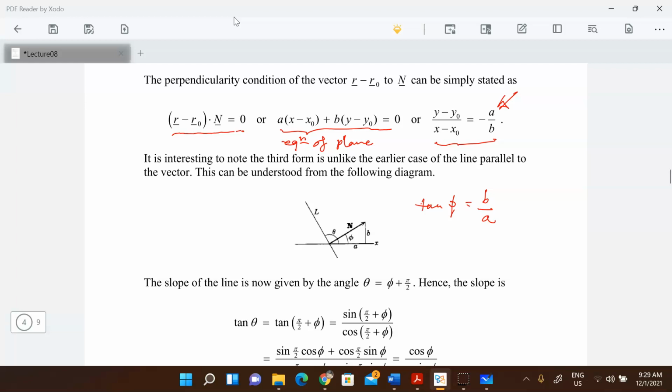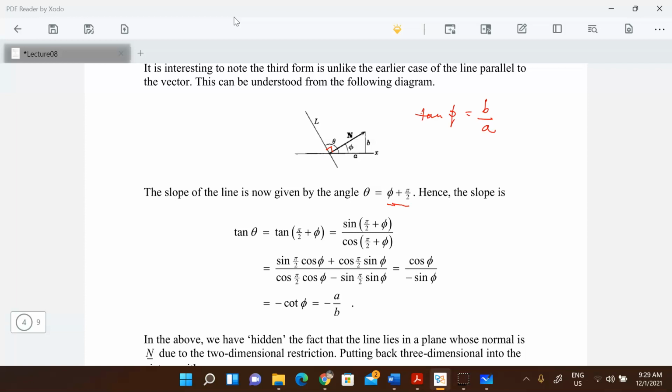It will be this theta here, and theta is simply your phi, but remember that this is perpendicular, so it would be phi plus pi over 2. If I really want the slope of the line rather than the slope of the normal, I would use tangent theta instead of tangent phi. Tangent phi gives you the slope of this normal vector, while tangent theta will actually give you the slope.